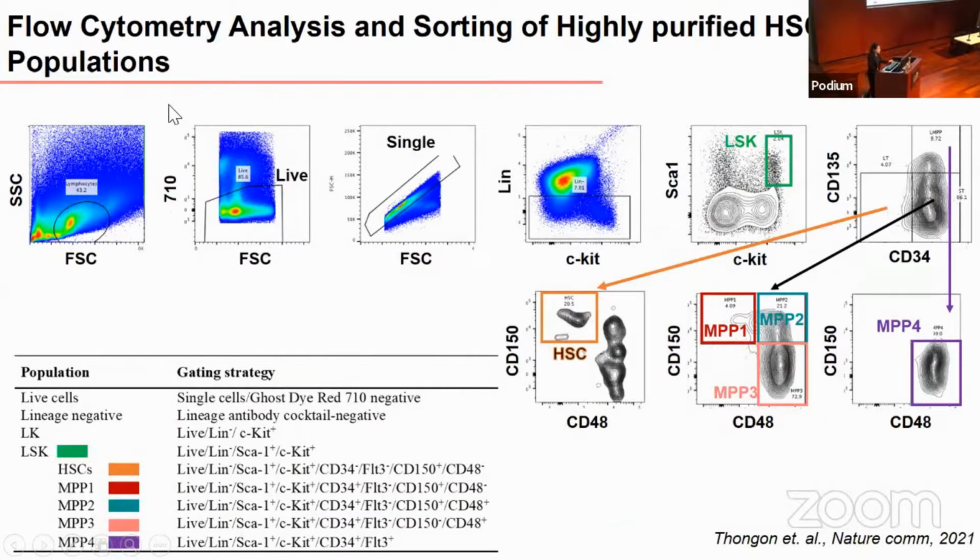And here we wanted to understand what was happening with the stem cell in the setting of telomere shortening. To do so, we used flow cytometry analysis and sorting to sort the highly purified hematopoietic stem cell population.